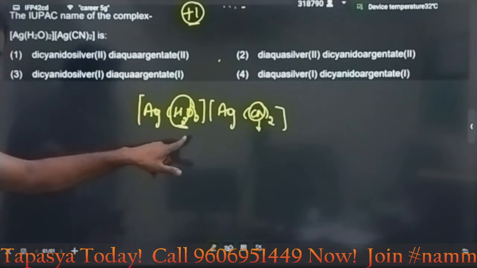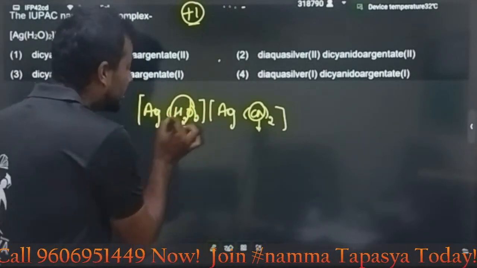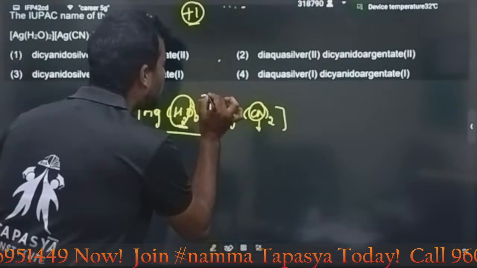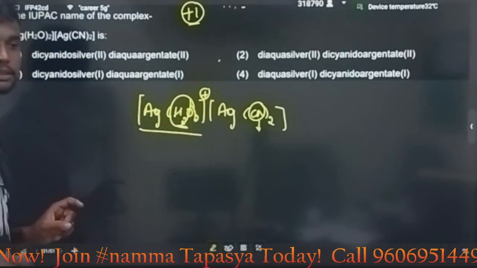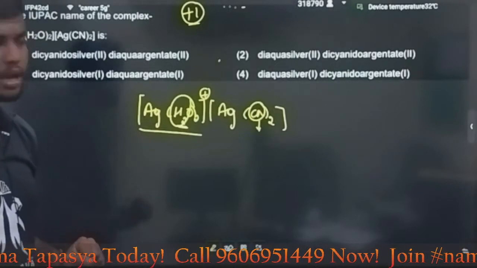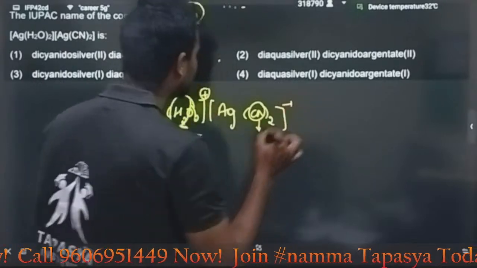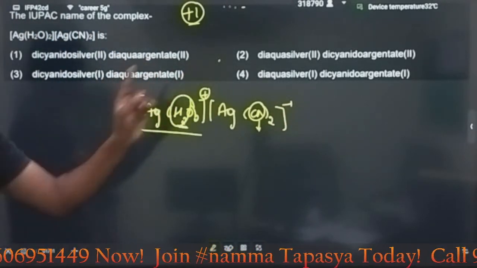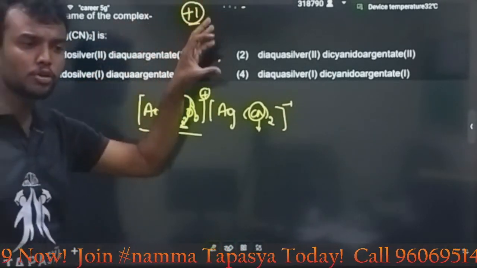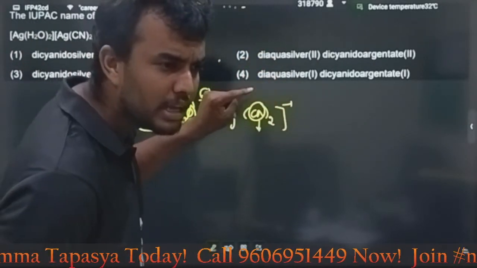If you come to this, you can know about that. The first part is a positively charged complex. Why? With water, you need +1 oxidation state, my dear students. If you give +1 here, -1 here, +1 here, -1 here, by using the options only you can easily arrange.